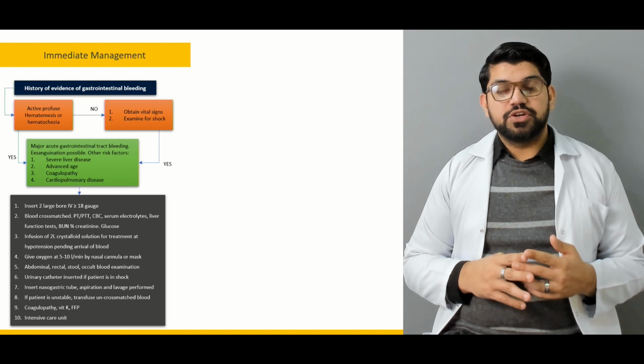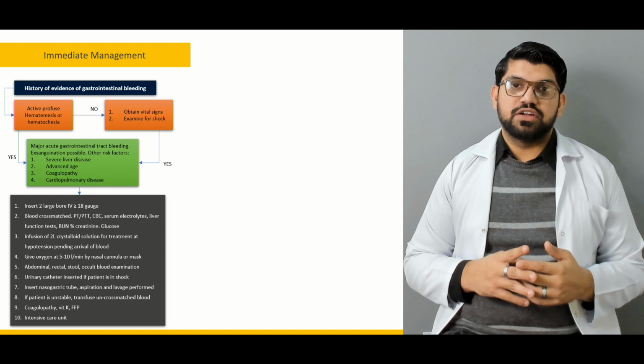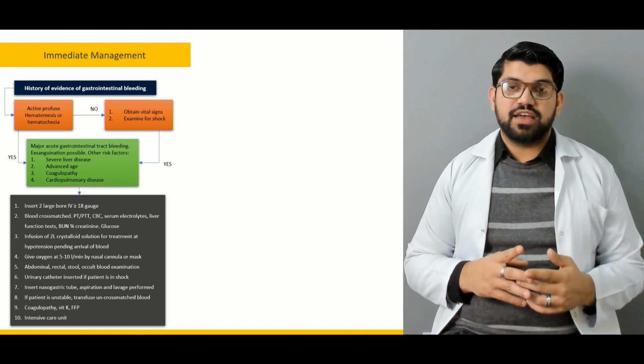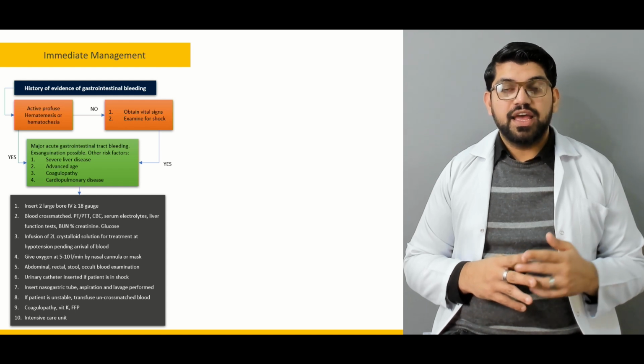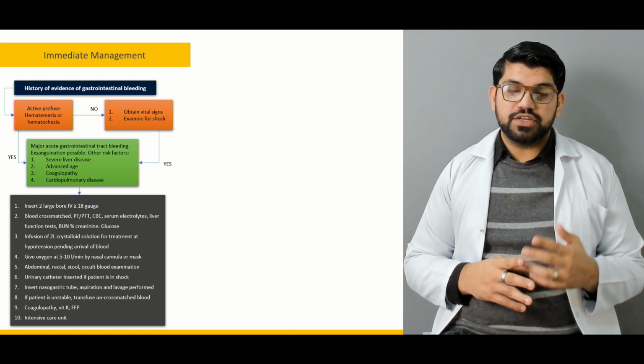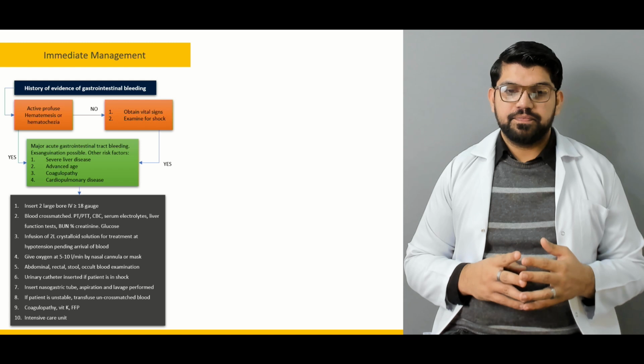A nasogastric tube, NG tube in short. What to do? Aspiration, gastric lavage. Why? You have to realize if this patient is having an upper GI bleed, and this lavage can help the endoscopist to visualize the bleeding point accurately.